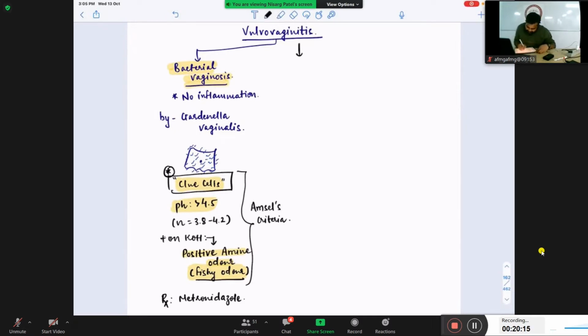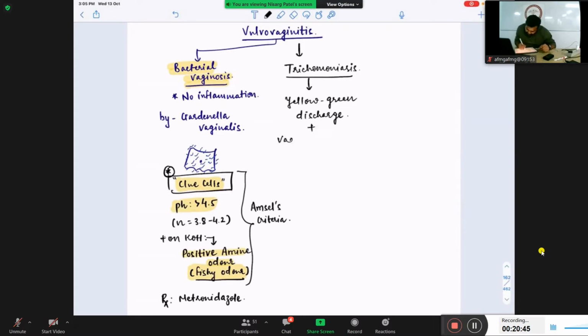Second is trichomoniasis. In this the patient will have a yellow-green discharge.